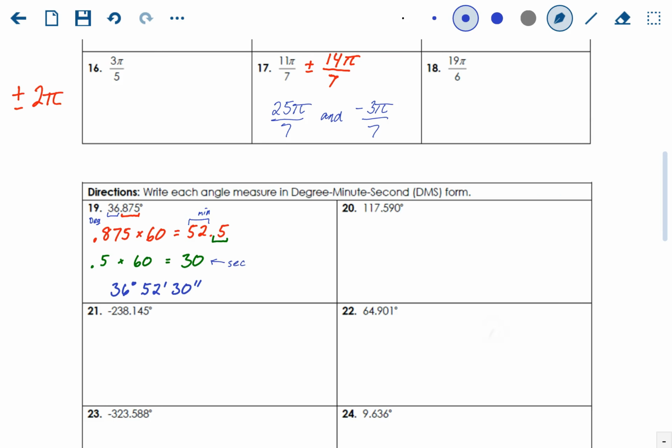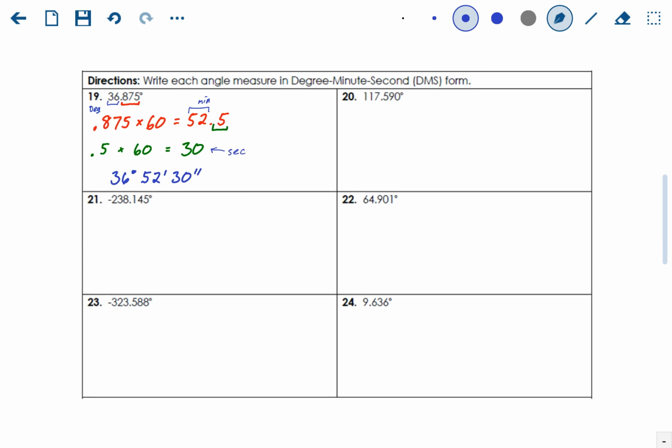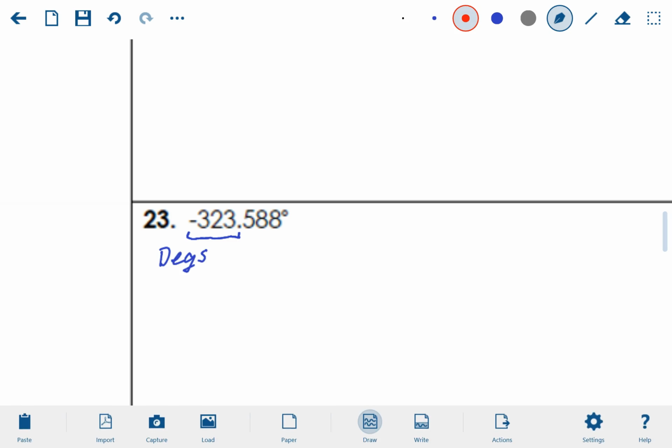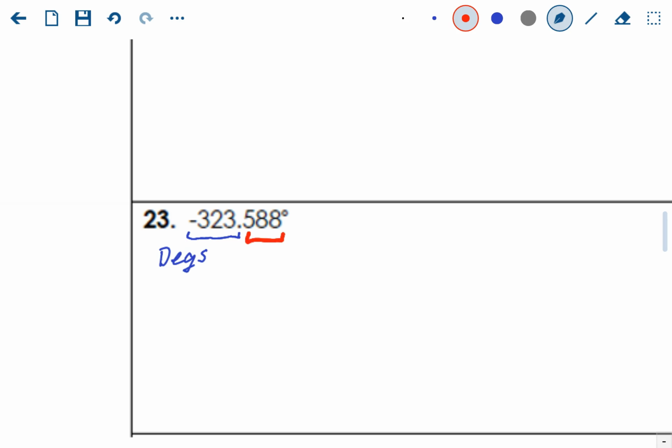I'll do one more from this section. Let's see. Do 23. Same thing. We already know the degree part. It's the whole number of the original problem. And we're going to take the decimal part, 0.588, and we'll multiply that by 60.